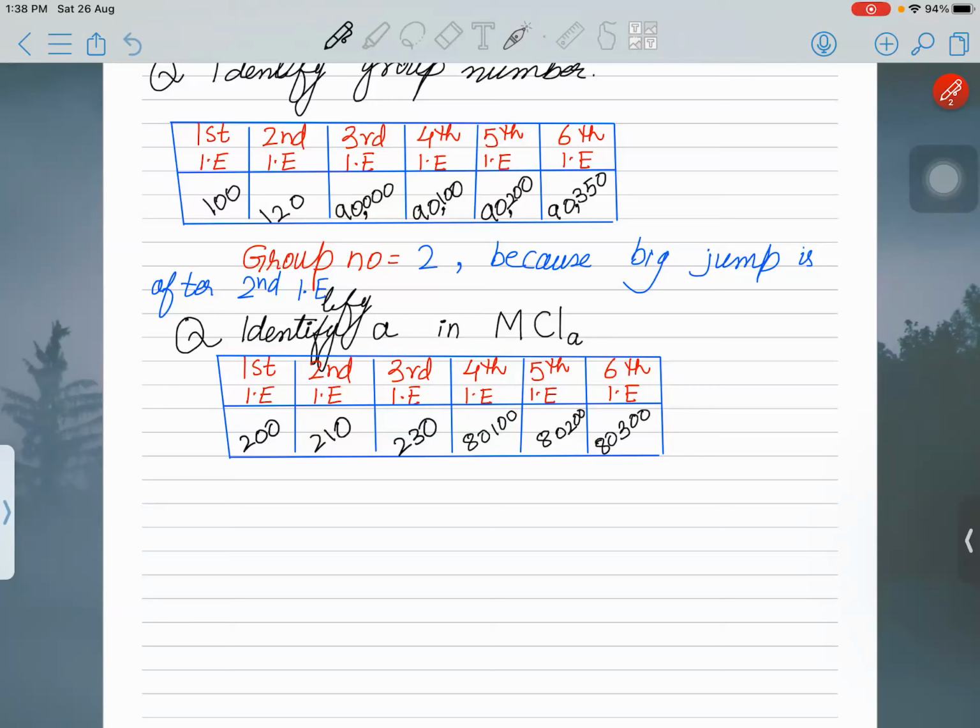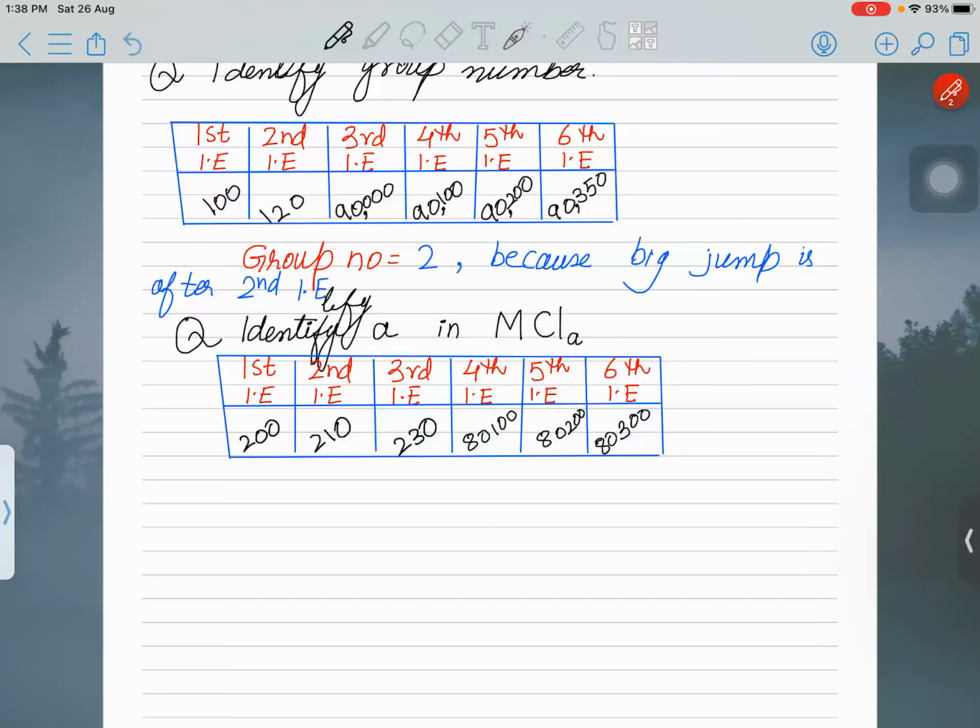Now can anyone tell me the value of small a, with the reason? So the leap is from 230 to 80,000, right? So that's going to be the third group. Very good.